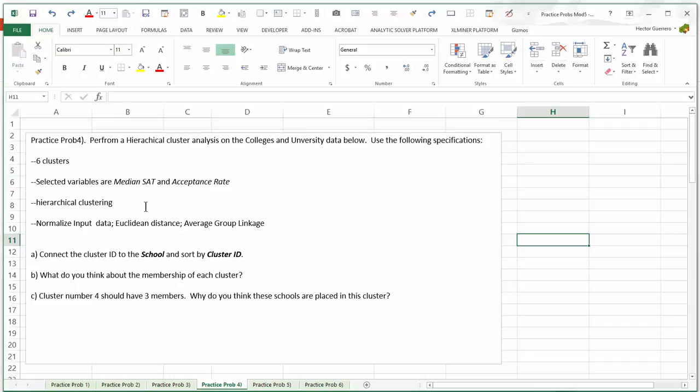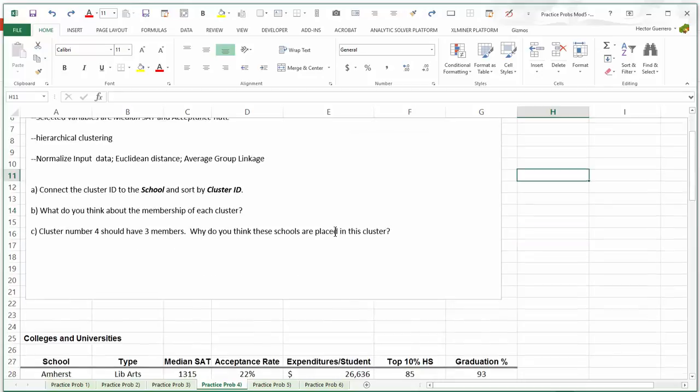We want hierarchical clustering. We want to normalize our input. We want to use a Euclidean distance algorithm for the purposes of putting these things together. It's a way of figuring out what goes closer to what in terms of a cluster. And we want to do something called average group linkage. So let's look at our data first.